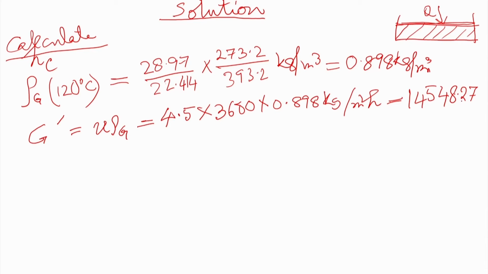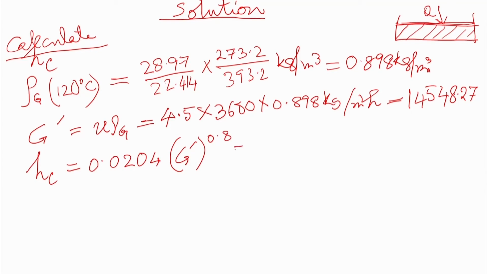kg per meter square hour. Now, we will be getting this Hc, which follows this formula. In general, we use Hc = 0.0204 into G prime to the power 0.8.